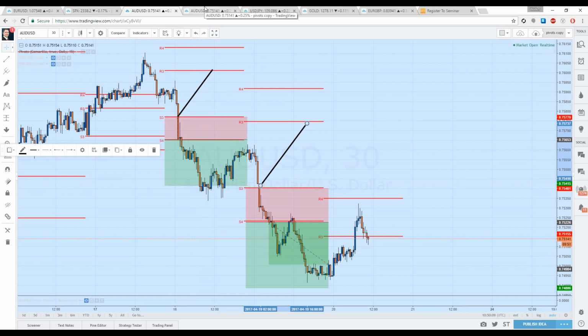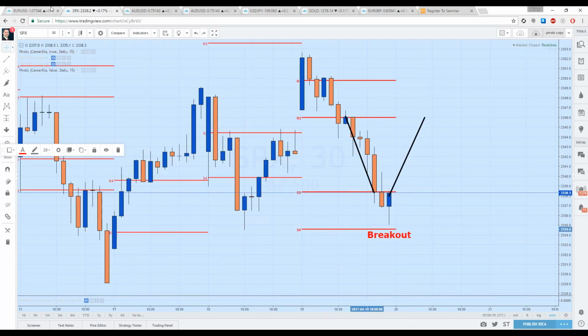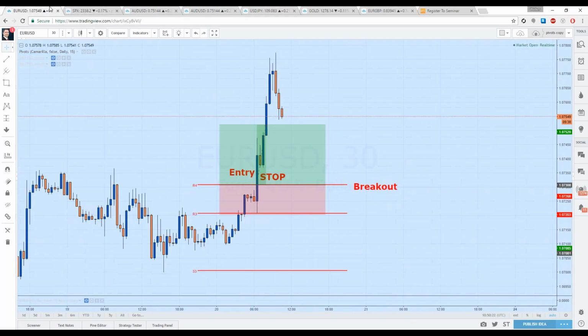What's nice about pivots is that we can apply it to any chart. That way, we can find a chart that matches our strategy.